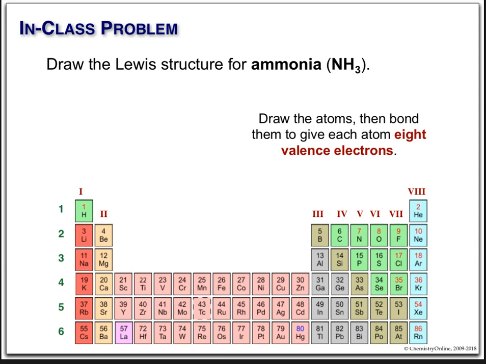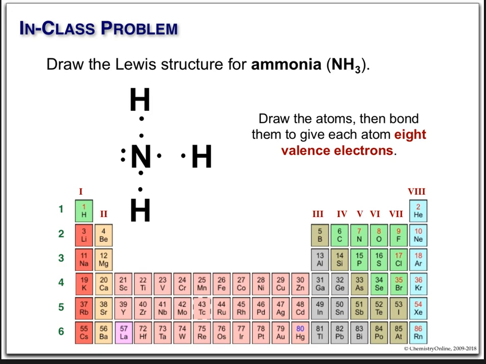So we start off by drawing our atoms and their dots. Nitrogen is group 5. It will have 2 electrons paired and 3 single electrons. Hydrogen is in group 1. It will have 1 unpaired electron.